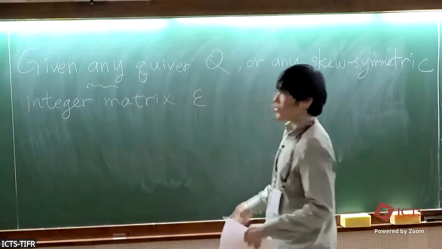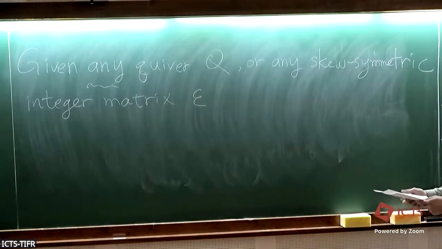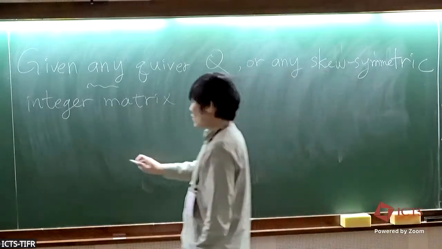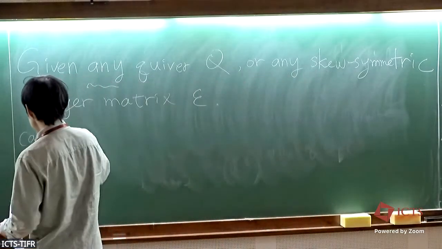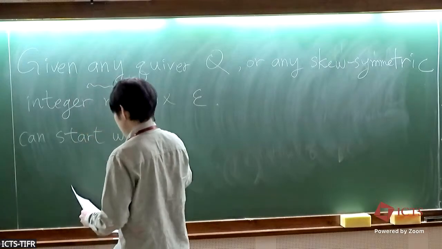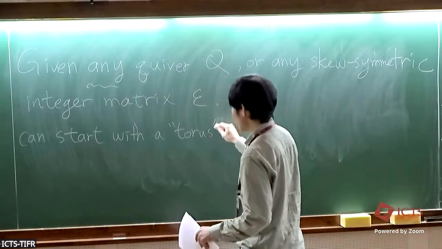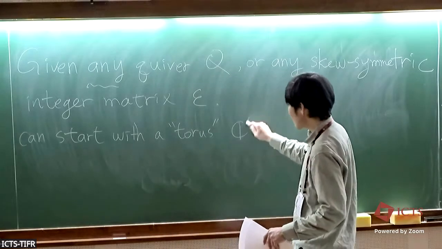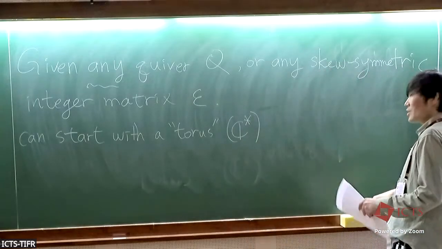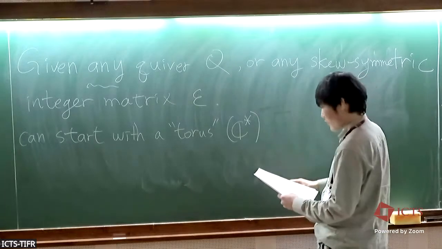Now I'm going to tell you how to construct a cluster A variety and cluster X variety from this initial data. What you do is you start from what algebraic geometers would call a torus. You can start with a split algebraic torus. In short, just torus. For them, a torus is just C star to the power of some integer. In this case, we will be using the number of vertices of the quiver.